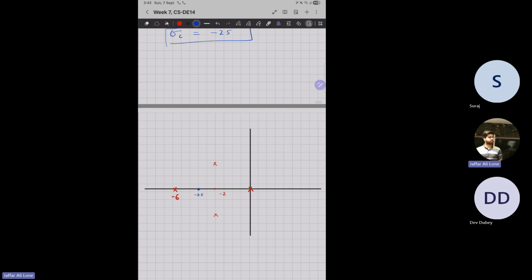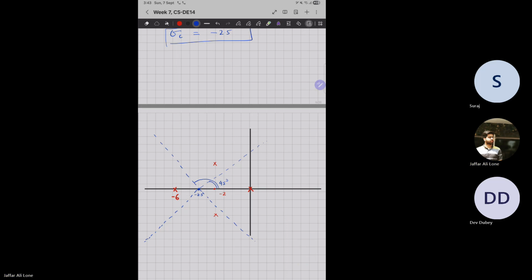So at this point, I'll have angles like this. So this is 45.